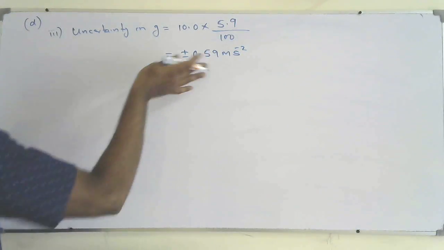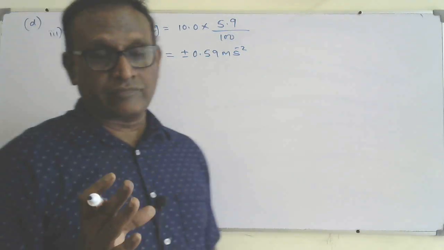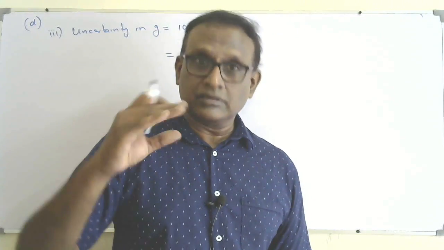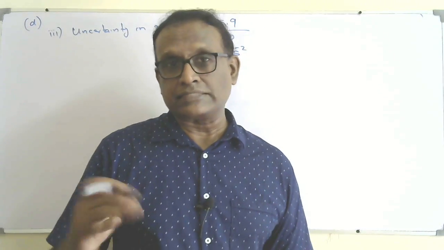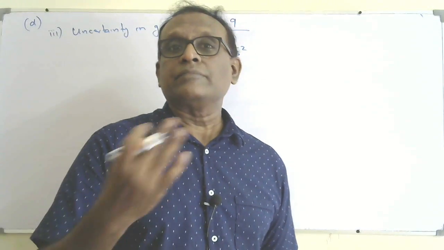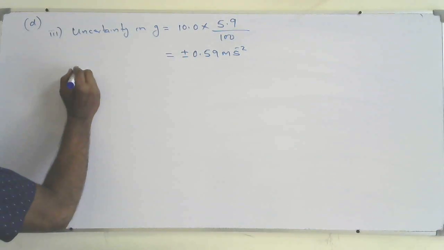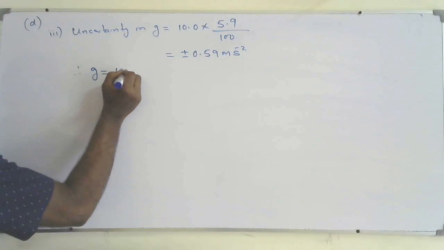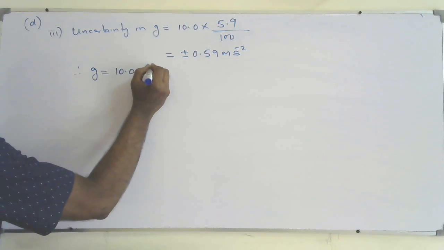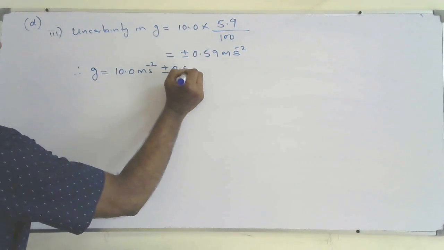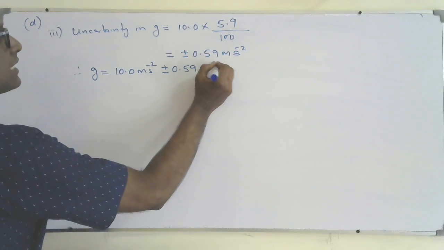So now find the range. Those who used G max and G min in the second part already found the maximum and minimum, but you are finding the maximum and minimum value of G now only. So the range of G you are going to find. Therefore, G is equal to 10.0 meter per second square plus or minus 0.59 meter per second square.